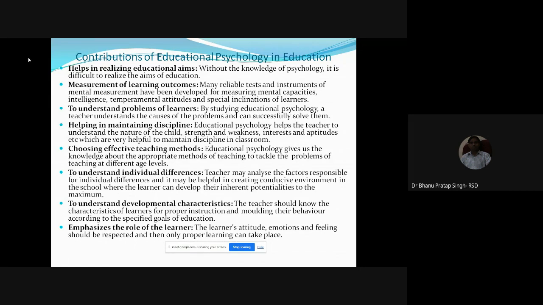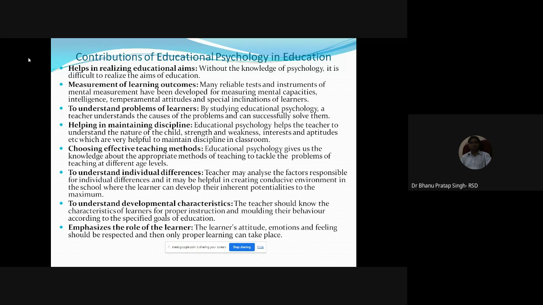To understand individual differences: yes, if the teacher is aware, then the teacher may analyze the factors which are responsible for individual differences, and by knowing the individual differences, he may create a conducive environment for the learner in a school or even outside the school.